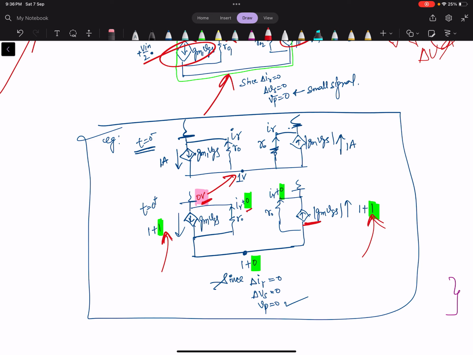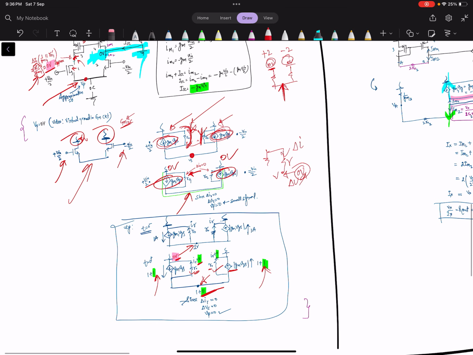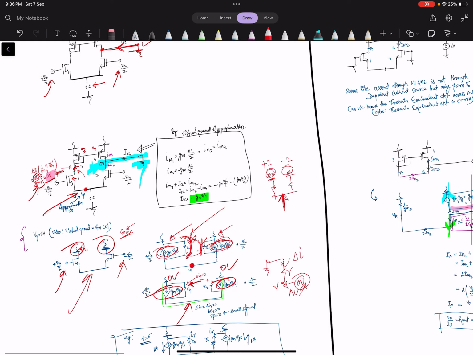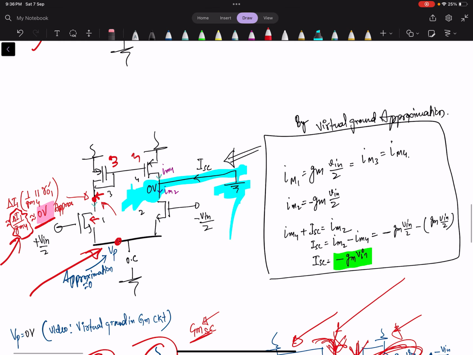So there is no change in the current in both resistances. Hence, the voltage defined here will have no change. That is why VP is 0 here in approximation. Just go and analyze this.